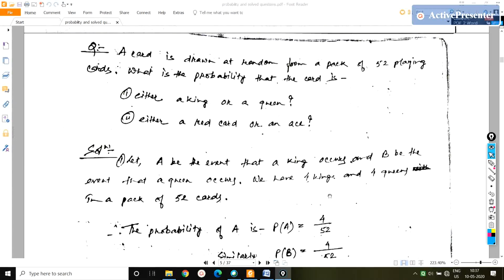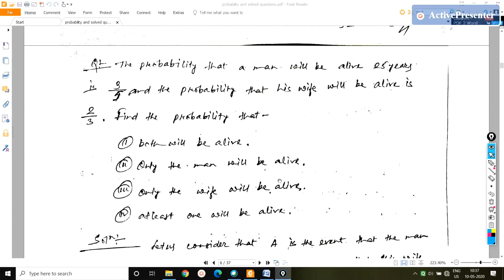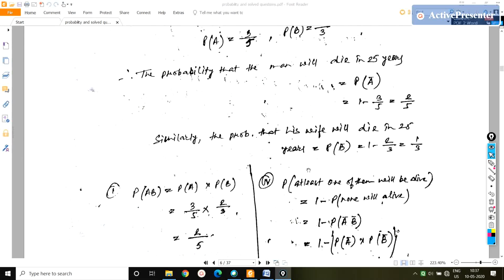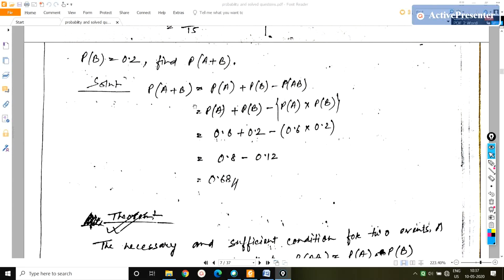Now let us try to see some problems here. One simple problem that I am going to show you is that in your examination they might ask you problems of this category, where you are asked to find P(A+B) and P(A), P(B) are given to you, with P(A+B) = P(A) + P(B) - P(AB), and it's very simple.